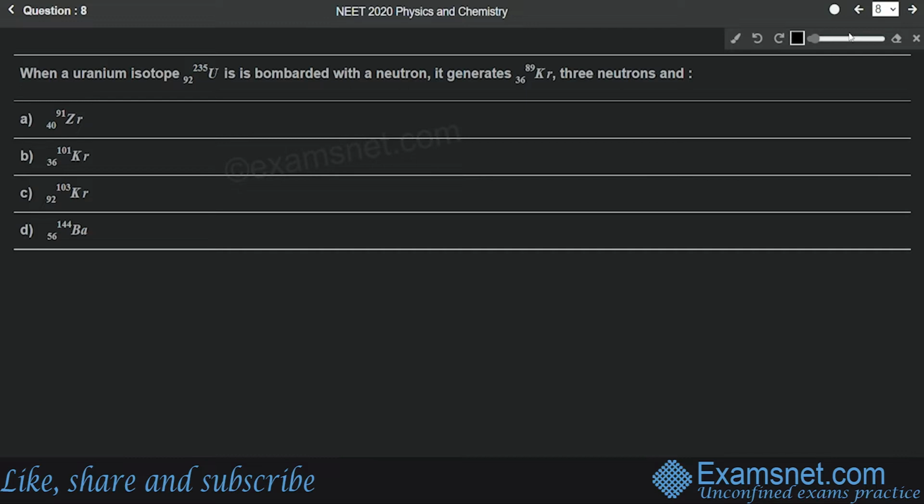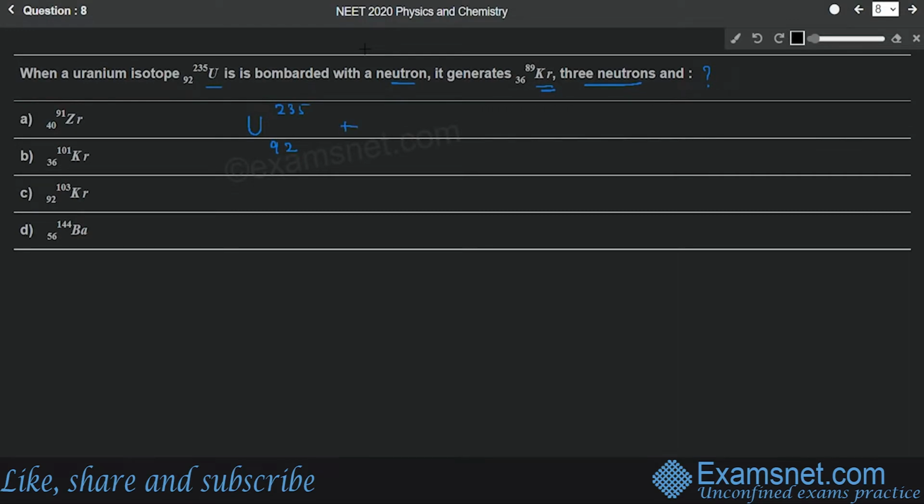Question number 8 is from the chapter Nuclei, and the question is: when a uranium isotope is bombarded with a neutron, it generates krypton, then 3 neutrons and what else? That means we have to find out another product. Now let's write down the reaction first. We have a uranium isotope with atomic number 92 and mass number 235.